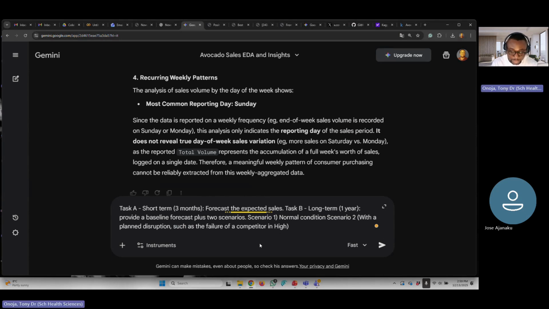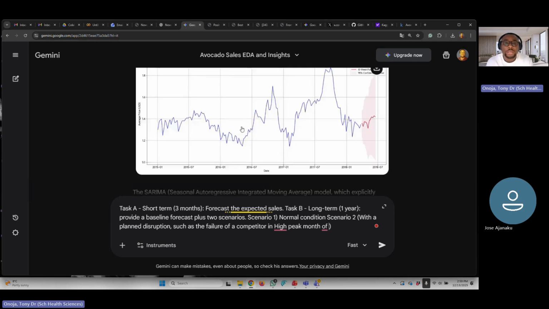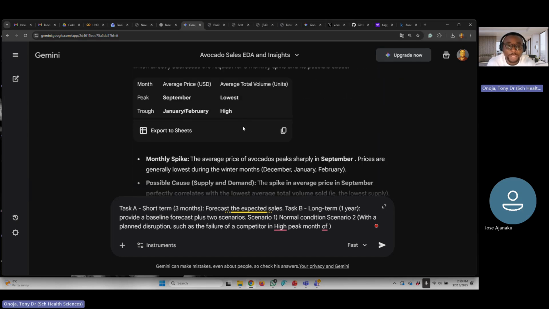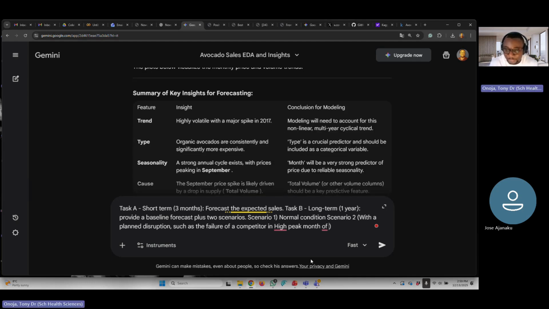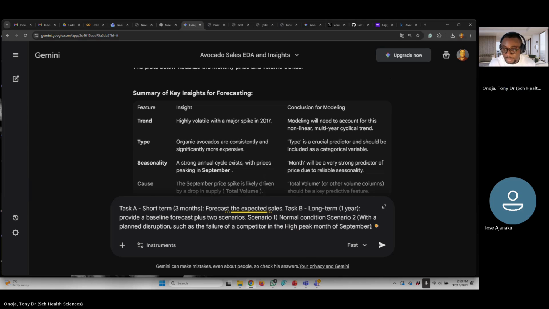In high peak months, if you follow what we have been doing, you will see that the high peak months are around September. So what happens if there is a failure of a competitor in September? Okay, now let's see what happened.